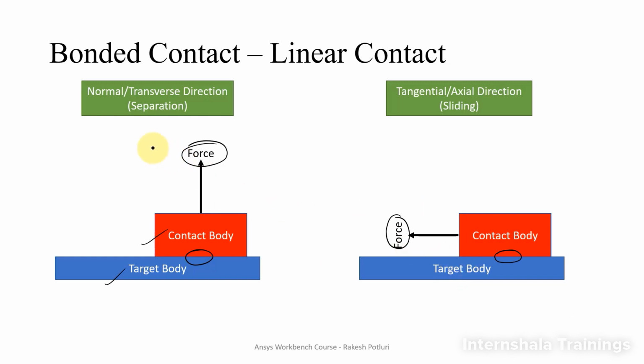That means separation is not allowed in bonded contact, as well as sliding is also not allowed. Simply remember, bonded contact is nothing but you take 2 objects and glue them together so that they act as a single part. That is what we are simulating in the bonded contact.